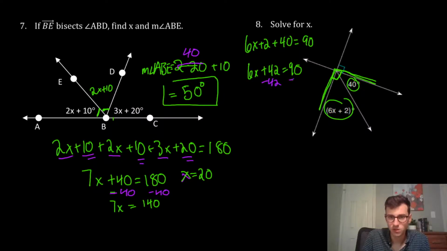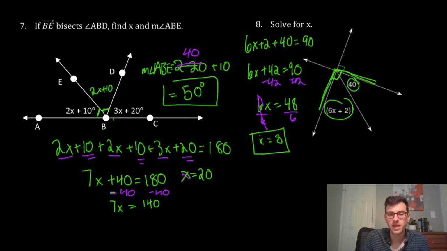Subtract 42. 6x equals 90 minus 42, which is 48. Divide by 6. 48 divided by 6. What you said? 8.